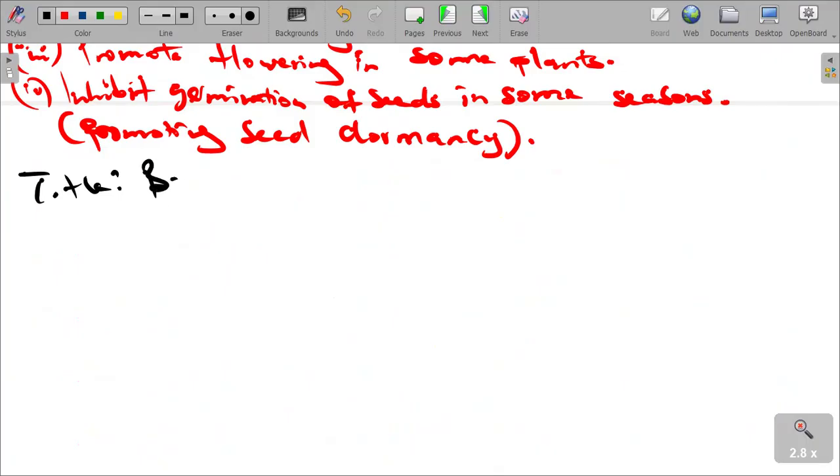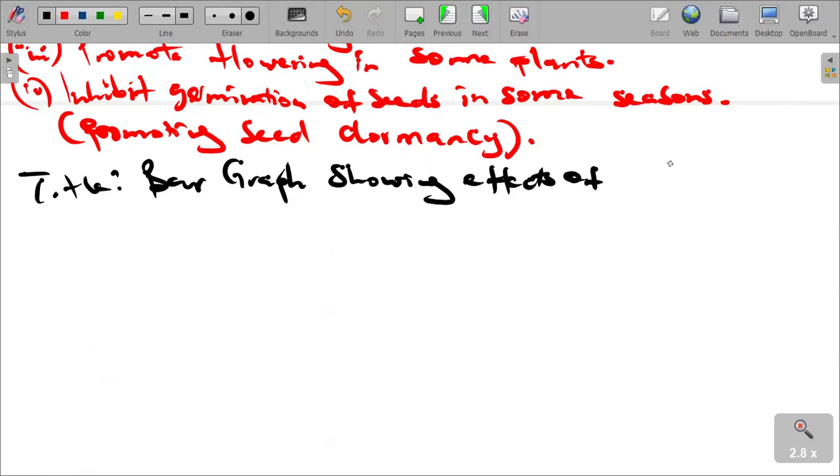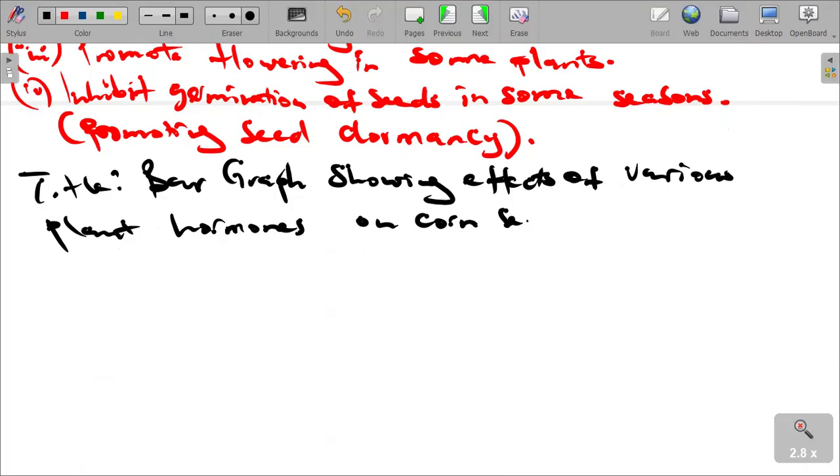It is a bar graph showing effects of various plant hormones on the growth of corn seedlings.